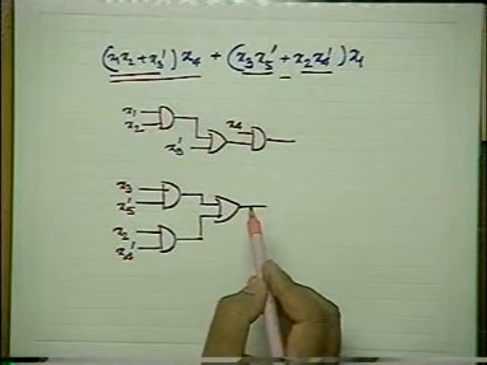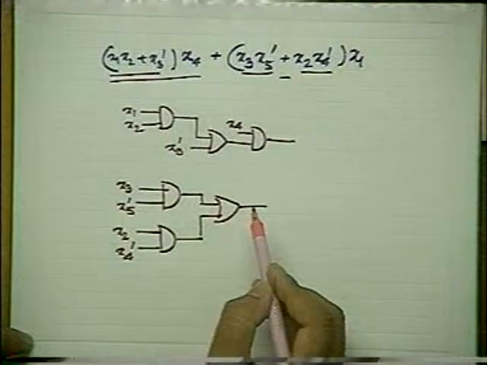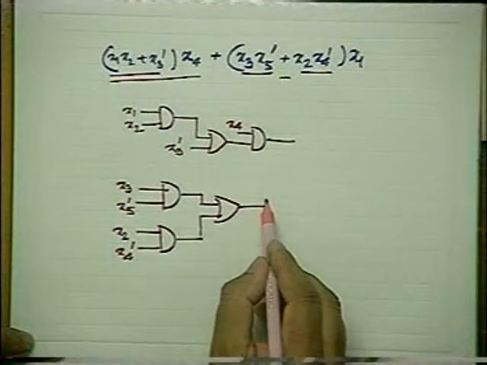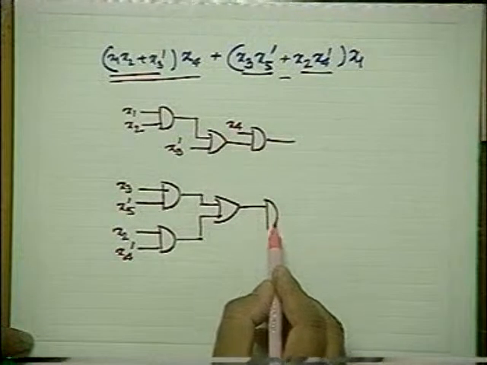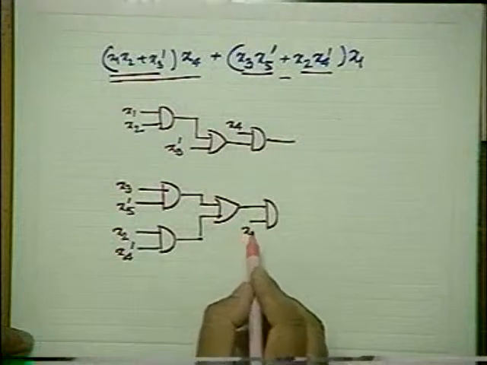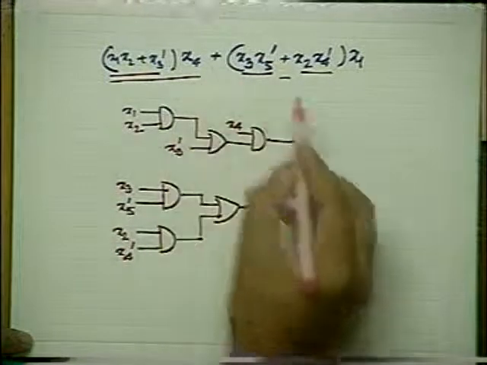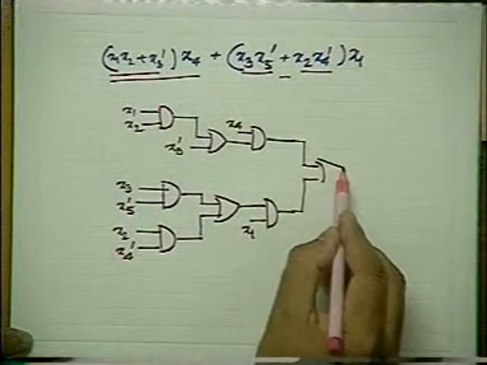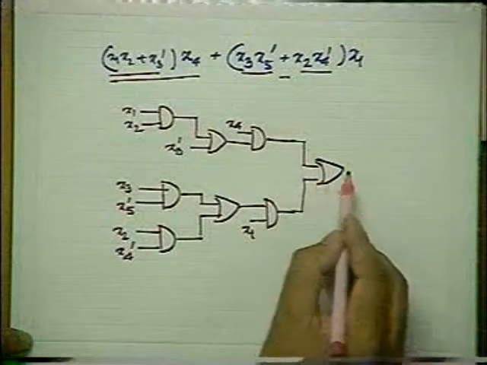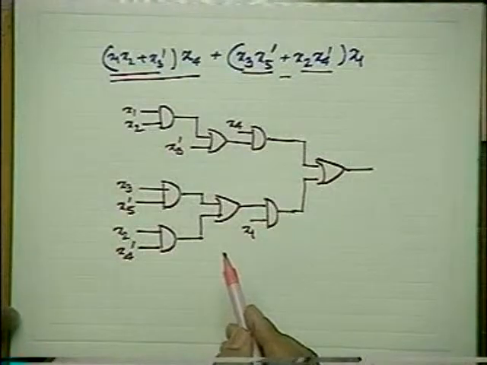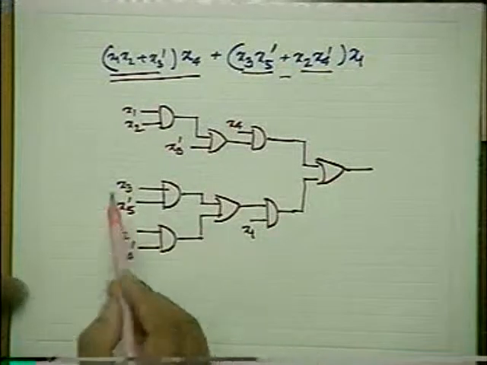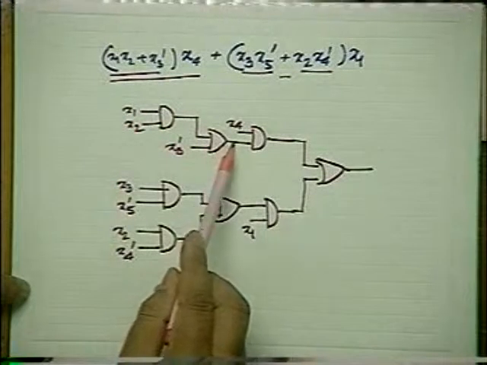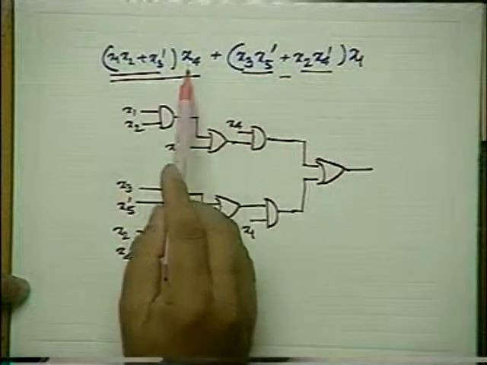Okay, and then I am multiplying this by x1, an AND operation, and this entire thing now I am realizing by means of the OR. Which means that say x1, x2 plus x3 bar I get here, dot x4 I get here, right?